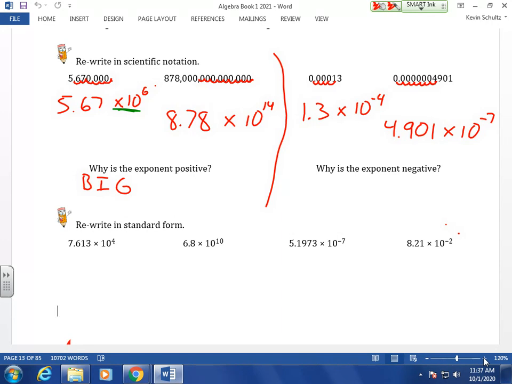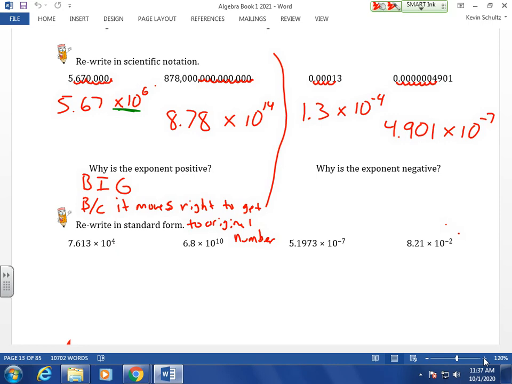So the exponent is positive because it moves right to get to the original number. We are multiplying by 10. A positive power means the value is very big, and it'll move to the right to get back to the original number.